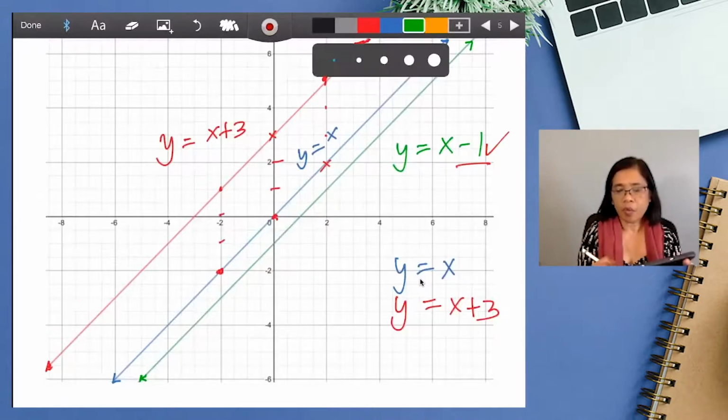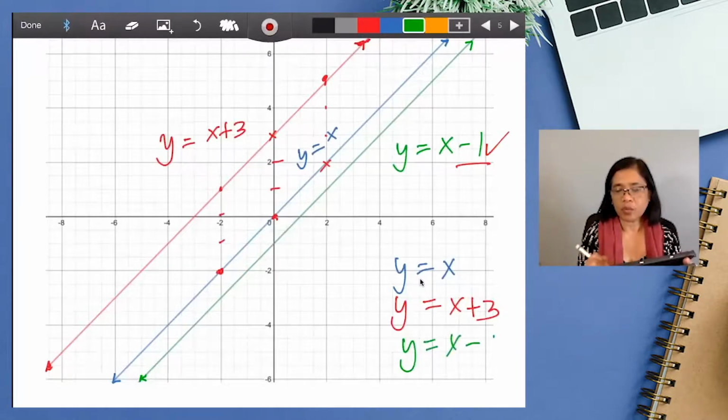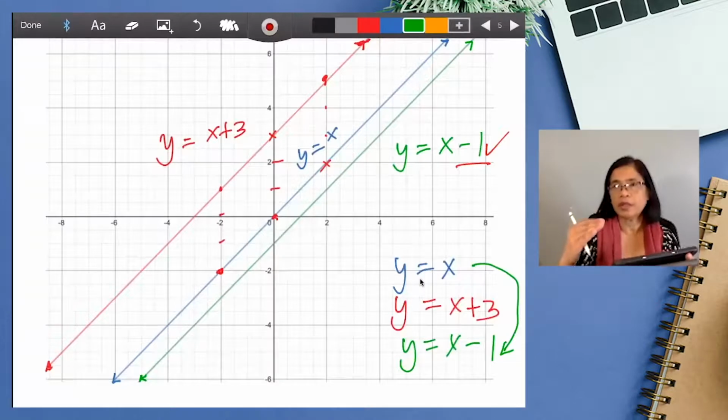That is your y equals x minus 1. See the transformation from y equals x to y equals x minus 1. That means move each point on the blue line 1 unit downwards. So 1 unit down, 1 unit down. This blue line moves 1 unit down on the green line.